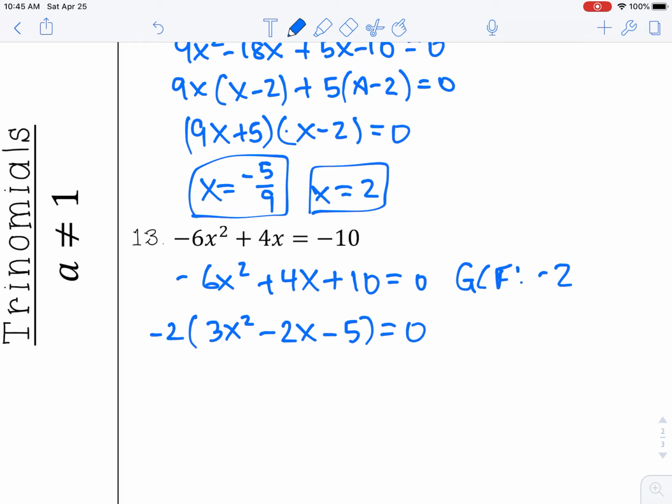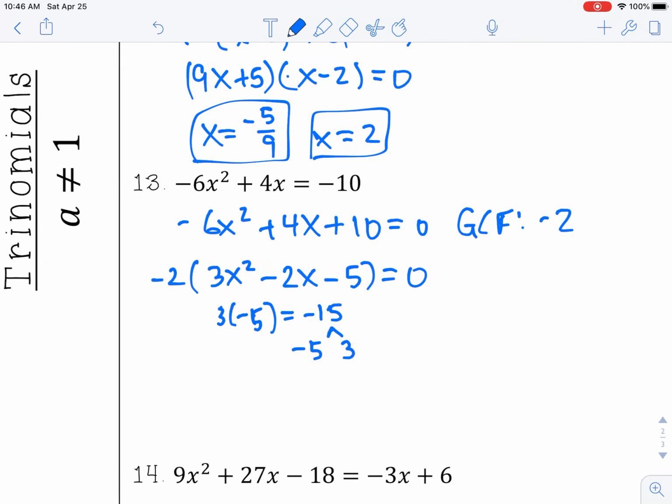And now I can factor the inside. Negative 5 and 3.